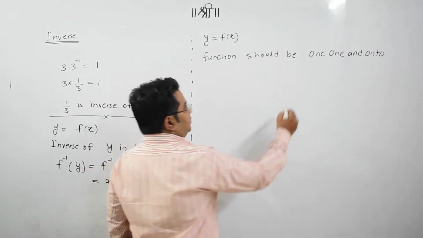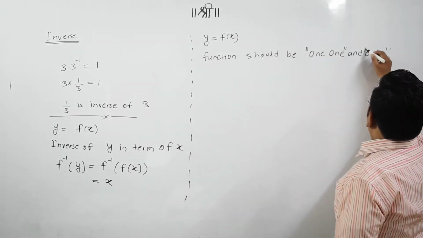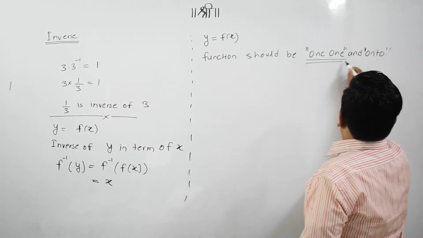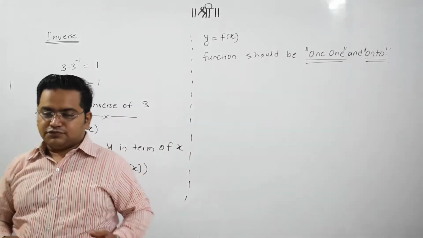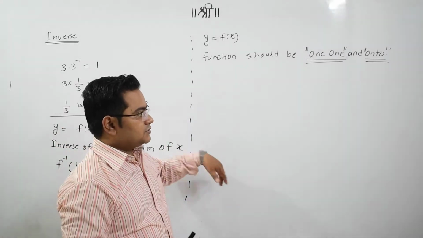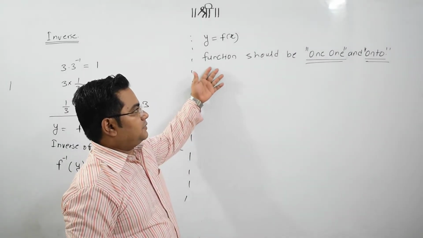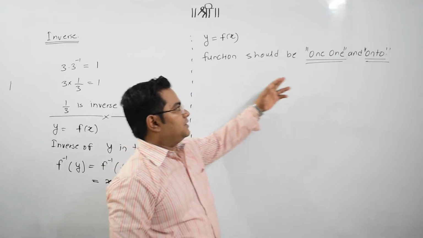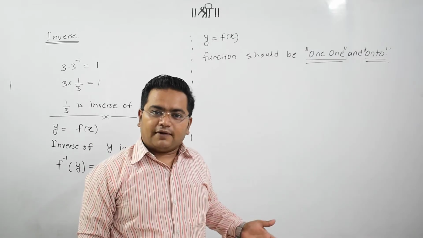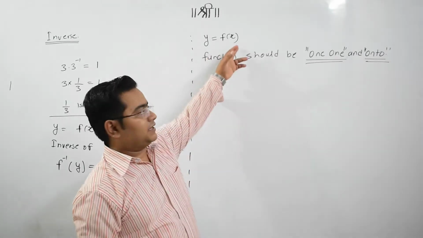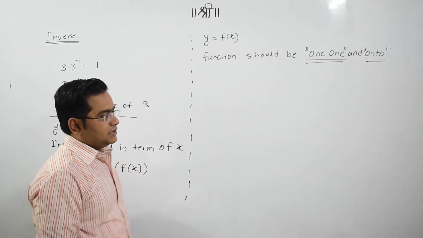This is the most important parameter which we are putting whenever we are finding the inverse of a given function. These parameters we have already introduced in our 11th standard. So we know this parameter. Most importantly, that function should be one-one and onto. On that basis only we can find the inverse of f of x. So this point is clear, done.